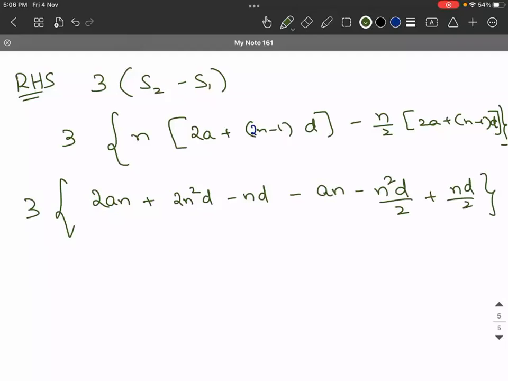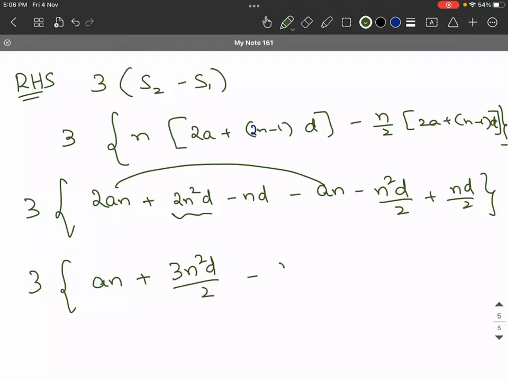So what will happen here? This will be 3 into 2an minus an is an, plus 2n square d minus n square d by 2 is 3n square d by 2, minus nd by 2.